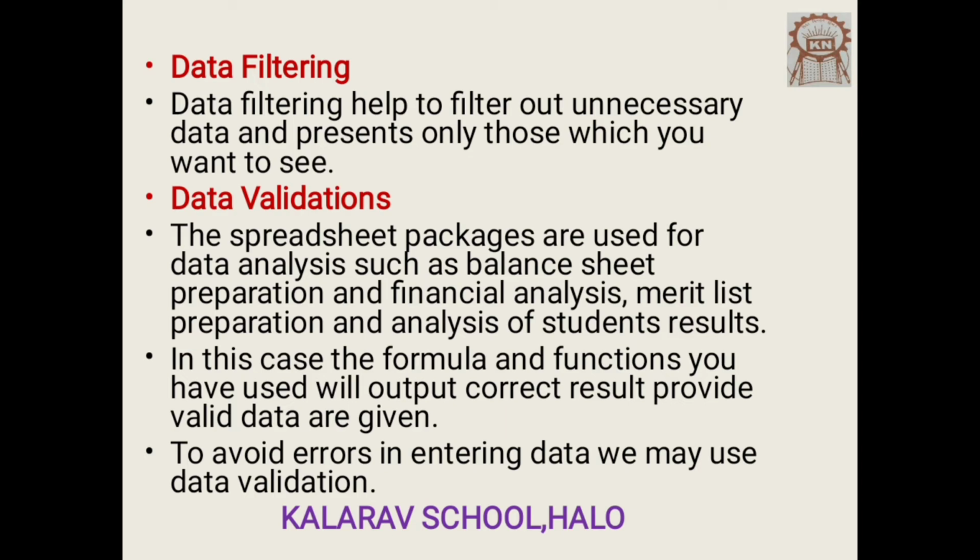Data filtering. Data filtering helps to filter out unnecessary data and present only those which you want to see. Suppose we want to see details of students who scored 100 or more than 100 marks. To do so, we may add automatic filters as follows.